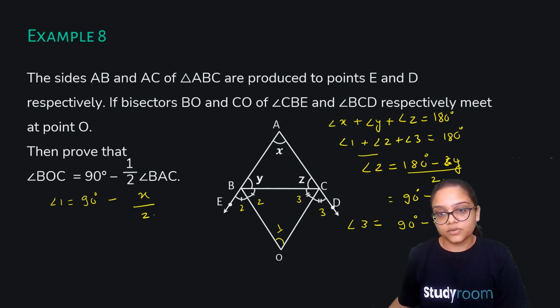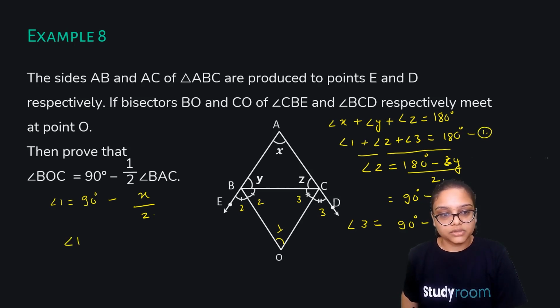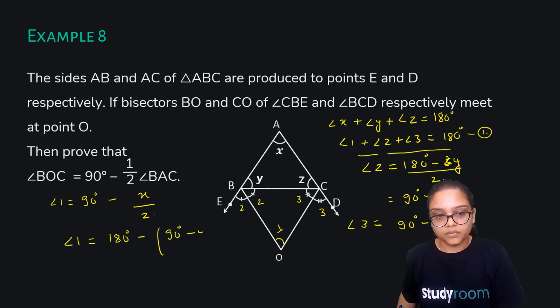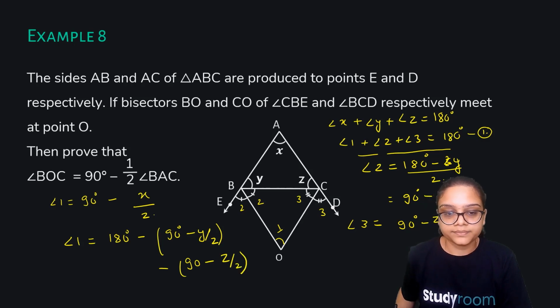Replace this in equation number 1. Just add it. So we'll arrive at a solution that angle 1 equals 180 degree minus 90 degree minus y by 2, and minus 90 degree minus z by 2.